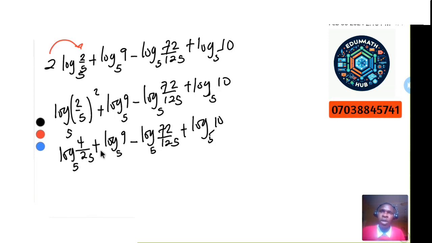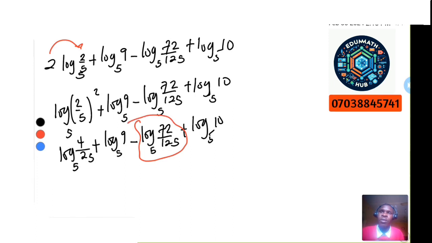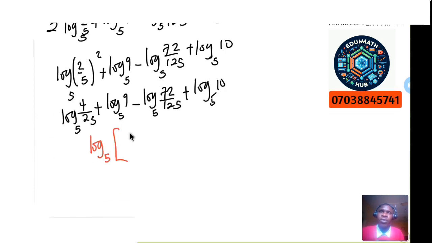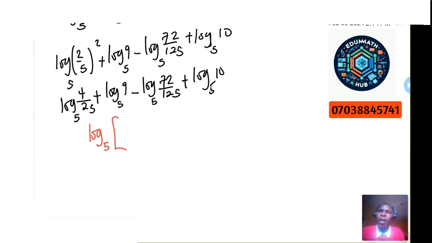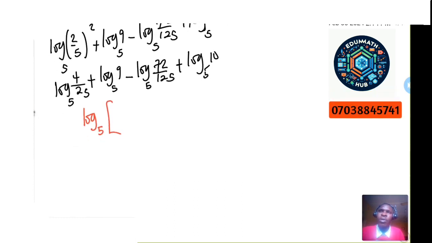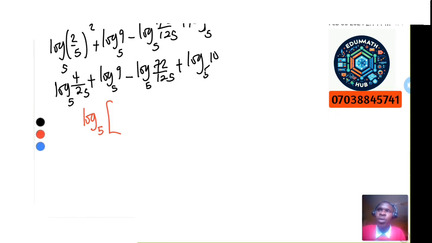Then consider the ones that have plus and include them in your multiplication. You are following the laws of logarithm. All these ones that have plus will become multiplication, while this one with minus will become division. So pick a single logarithm, you have base 5, open your brackets. The ones with plus will be multiplied, while the one with division will become the denominator.